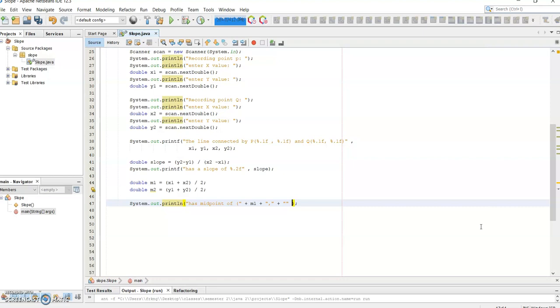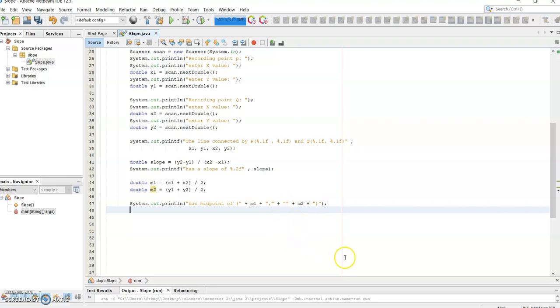I don't want to make it complicated. So okay, m2. Okay, where's my... yeah, that's it. Just midpoint of m1, comma, space, m2. Okay, yeah, that's it.